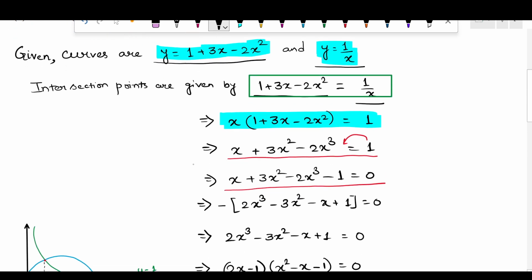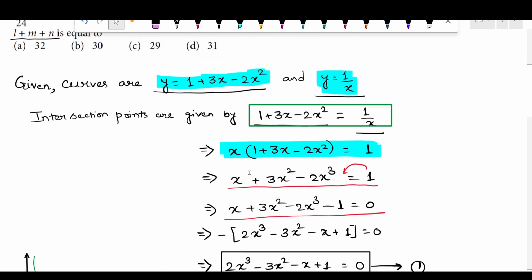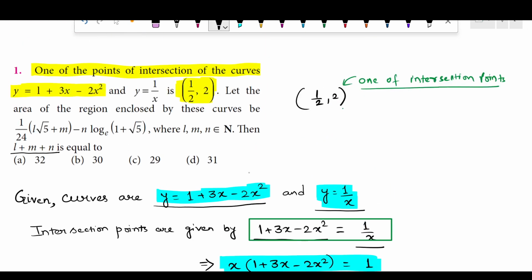Next we have this equation, 2x³ - 3x² - x + 1 = 0. Name this as equation number 1. Here we are given that x = 1/2 is a point of intersection, and we need to find the other point of intersection.